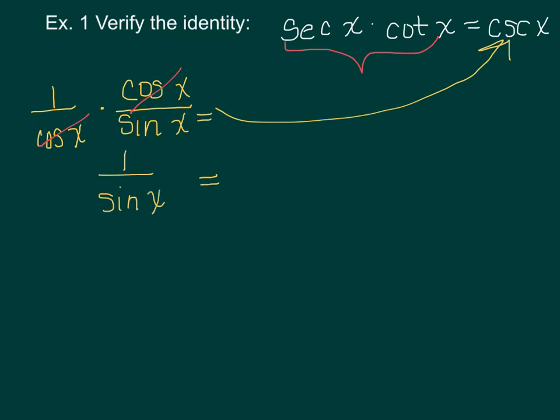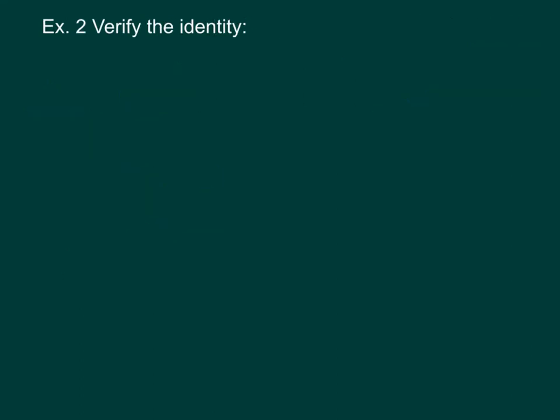And 1 over sine x is the same thing as cosecant. So once you've got the left side to look like the right, you verified it. Now the good thing about these is there's no right or wrong way to verify. Some of you all are going to figure out faster ways of getting there, and then some of us, it may take a little longer.